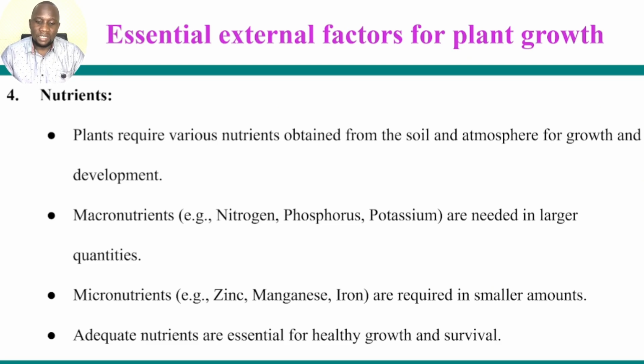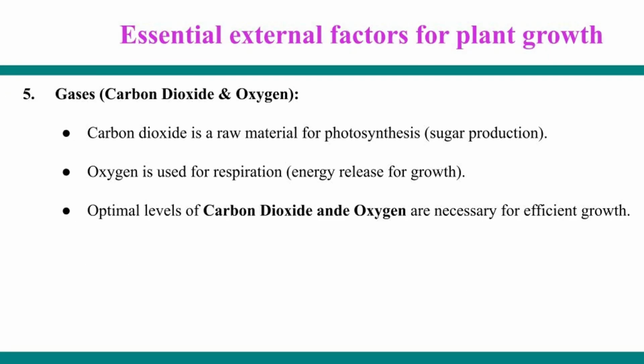So that means that these minerals, nitrogen, phosphorus, and potassium, are all needed for plant development. Gases: carbon dioxide is required for the process of photosynthesis, and without carbon dioxide, you will not have photosynthesis happening.